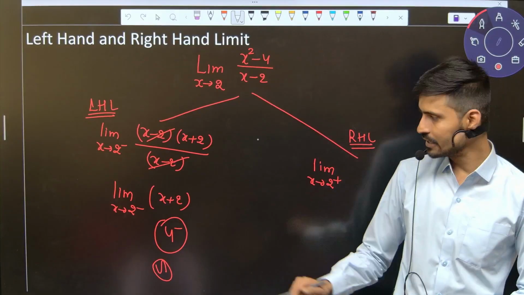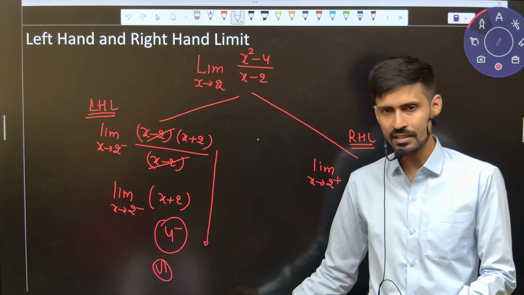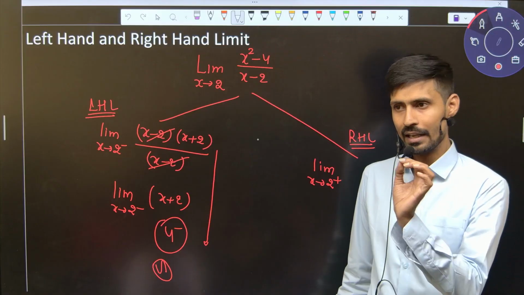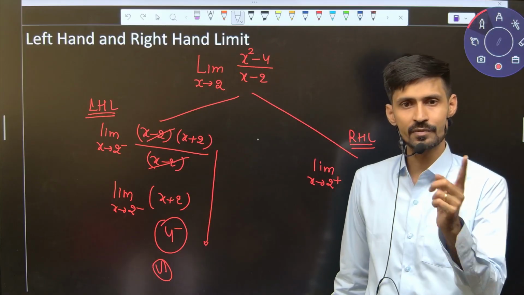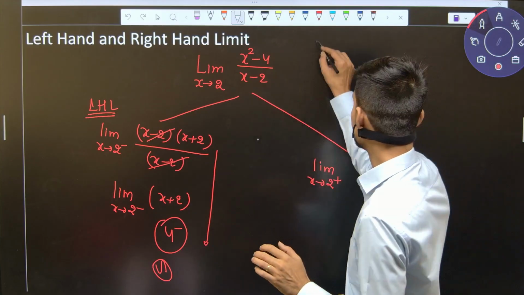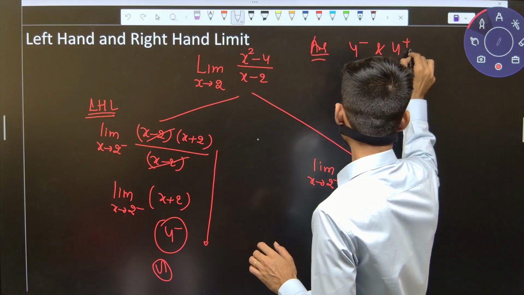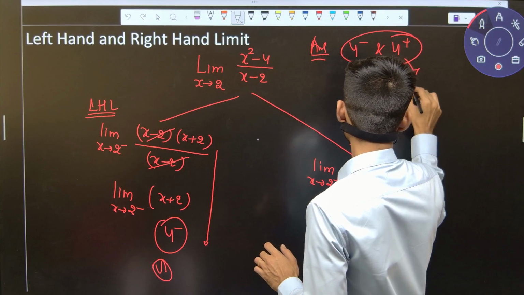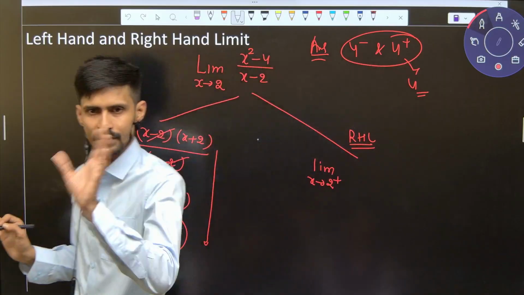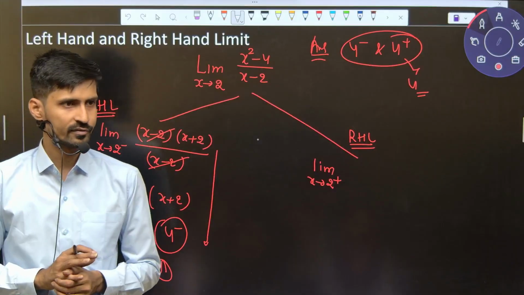You will show the calculation till here, 4 minus I got, but when it's time to write the answer, we write 4. Every time, you write 4 minus as 4 and 4 plus as 4. In the options, they will not give you 4 minus or 4 plus as an answer. You simply write 4.